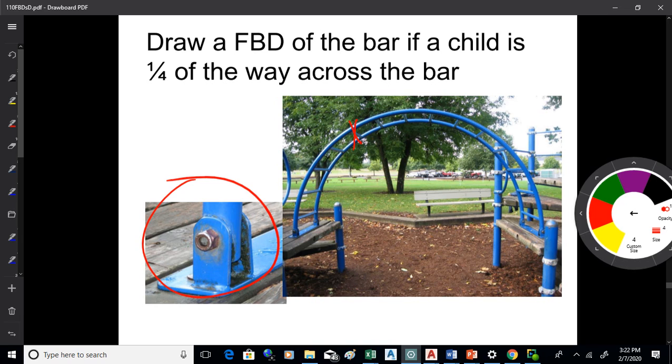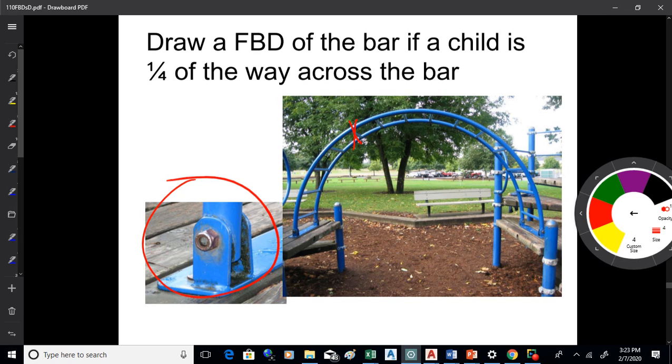Now, one of the things on these free body diagrams, don't think too much. If you see a connection, identify the connection type and put forces on the object that reflect the type of connection. What the forces do is they prevent motion. So you'd want to identify the connection types.